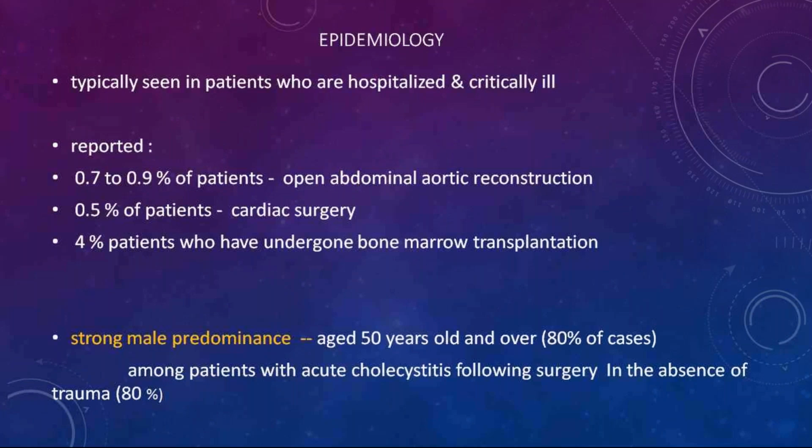So, can anyone say which diseases are more common in females? A specific set of diseases are very common in females compared to males. Can anyone say? Just guess it.